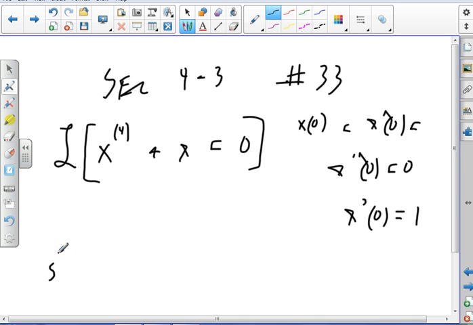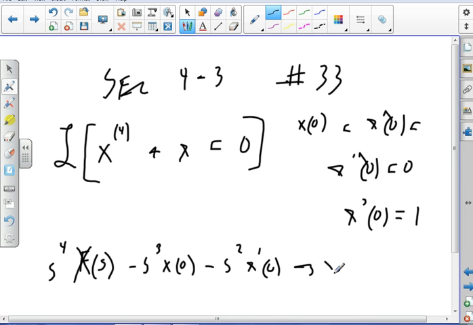I'm going to get s to the 4th times X of s minus s cubed x at 0 minus s squared x prime at 0 minus s x double prime at 0 minus x triple prime at 0, plus X of s is equal to 0.